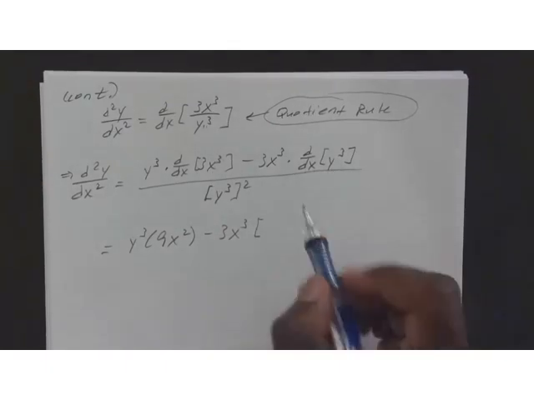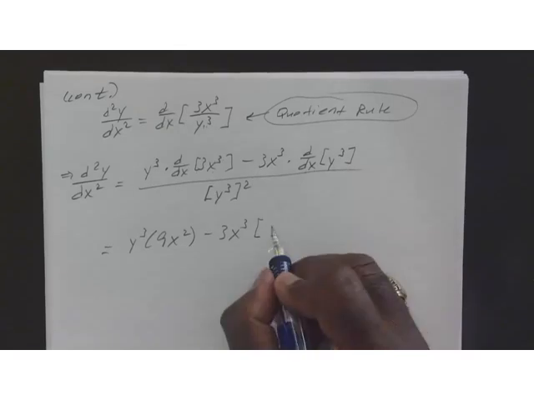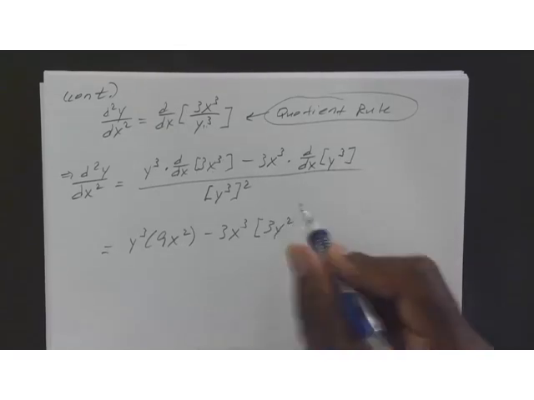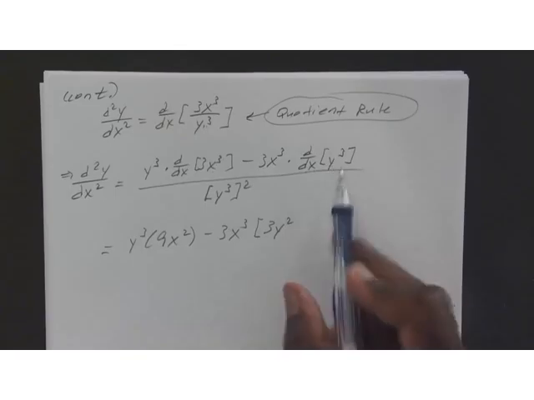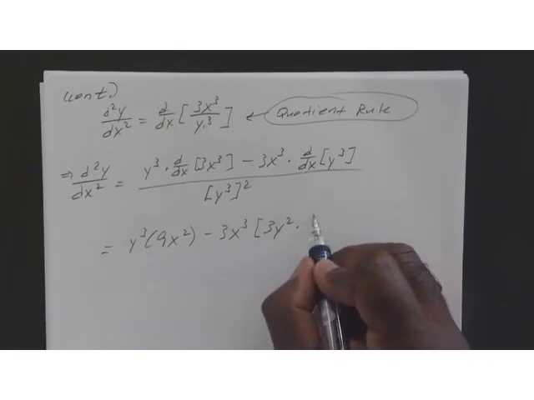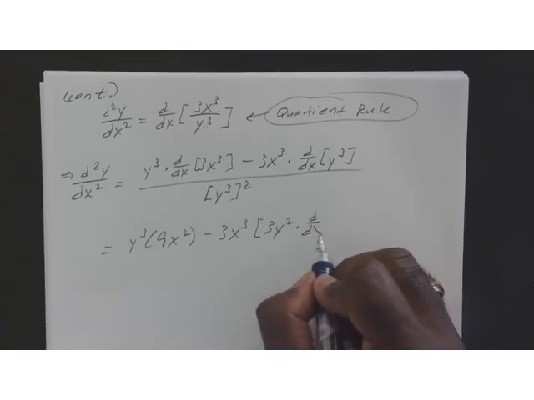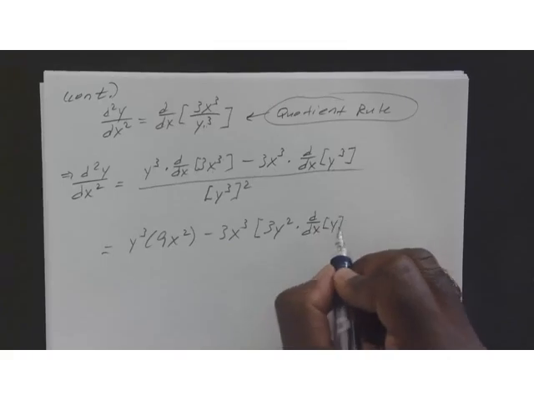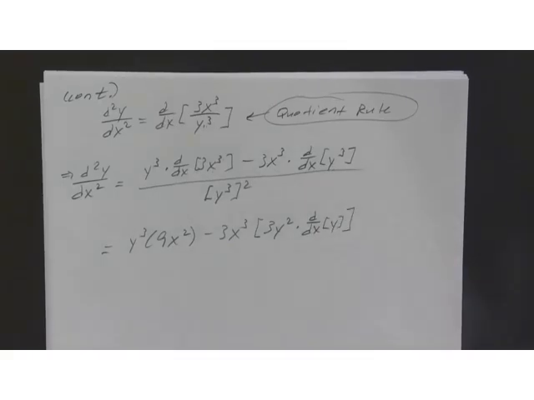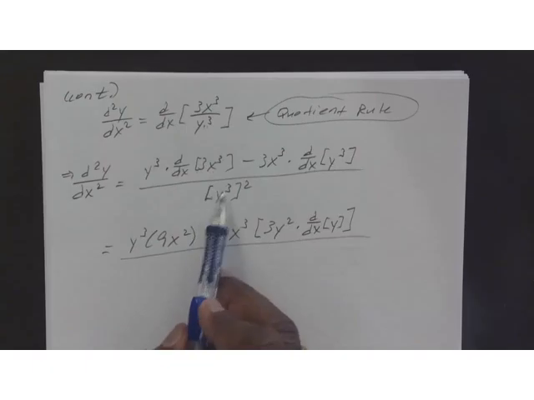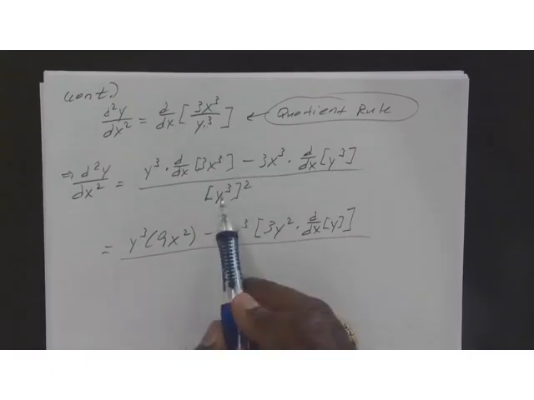Okay, so using the chain rule, we have 3y squared times the derivative of y with respect to x. All divided by y to the third power squared, which is y to the sixth power.